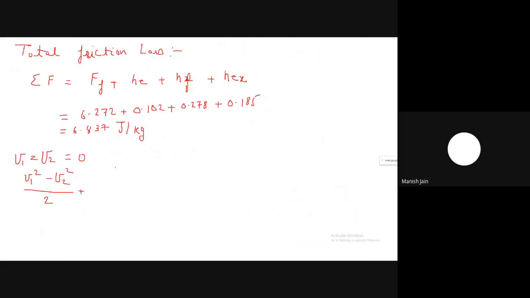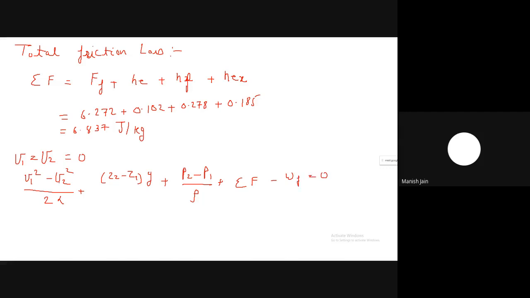Alpha will be there, but here alpha equal to 1. Then plus (P2 minus P1) divided by rho plus sigma F minus W equal to 0. And force equal to 0.